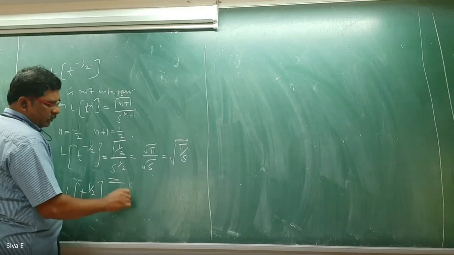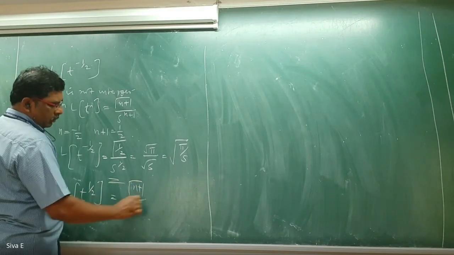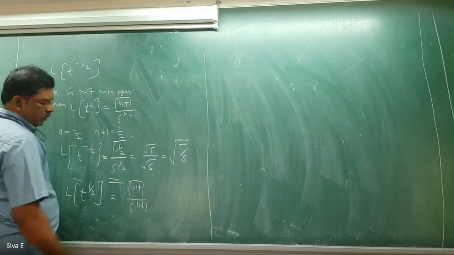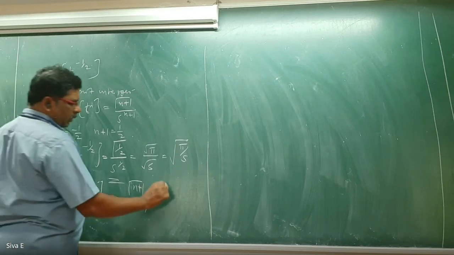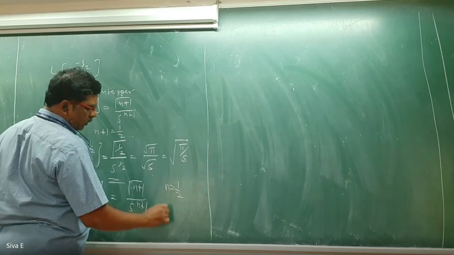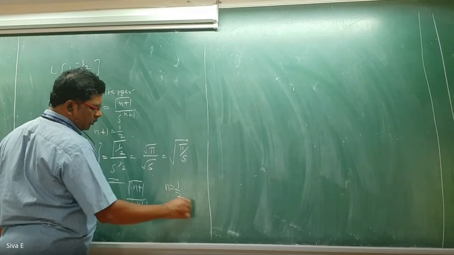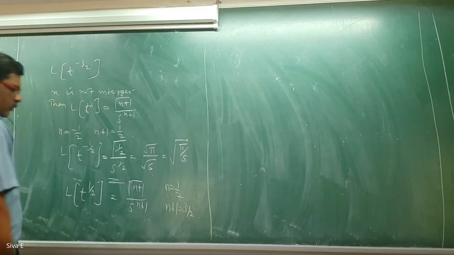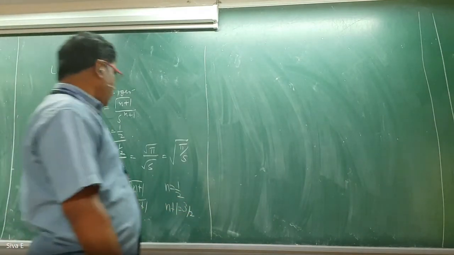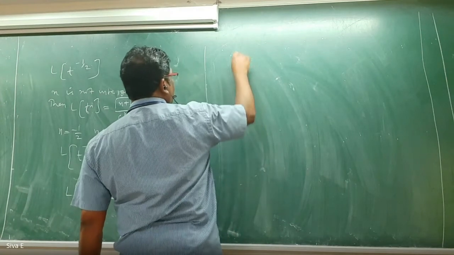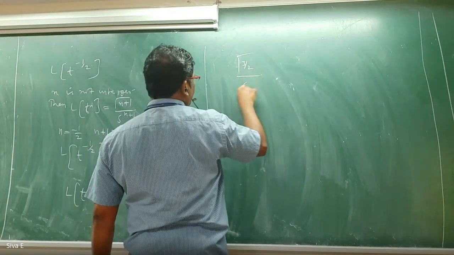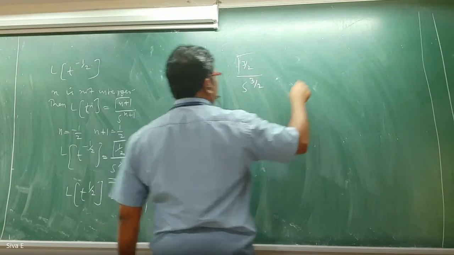The Laplace transform of t power n is gamma of n plus 1 by s power n plus 1. When n equals half, n plus 1 equals 3 by 2. So gamma of 3 by 2 by s power 3 by 2.